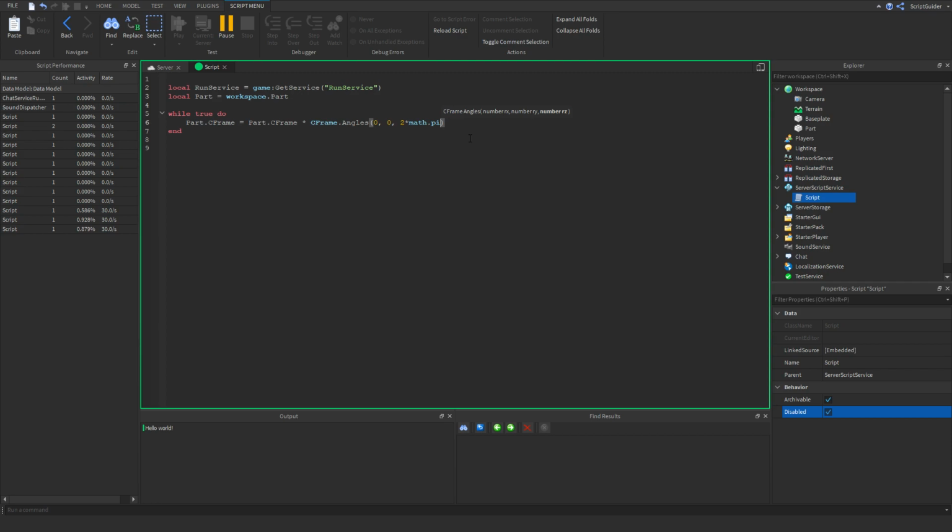Let's say 1 rotation in 2 seconds. Okay, so this is our full rotation. We're going to multiply this by RunService.Heartbeat:Wait(), divide that by our time, which is 2 seconds, and then times 2 pi.